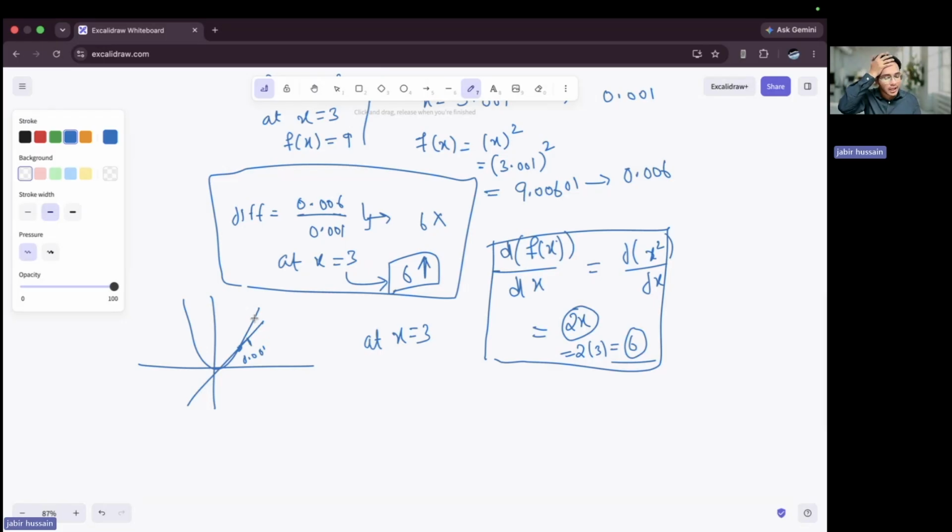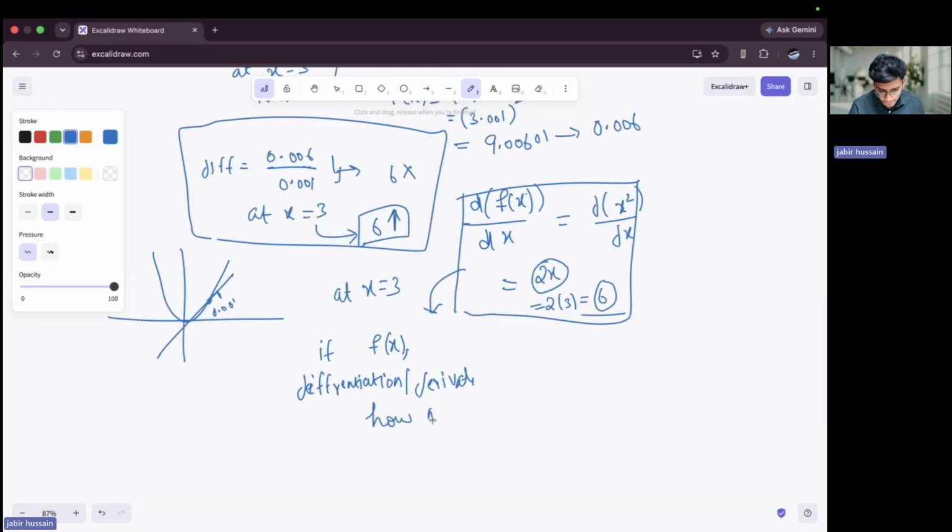Okay, so this is the thing. In simple terms, a derivative is nothing but this: if f of x is a function which tells you about the output, then the derivative tells you how much f of x is changing with respect to x.